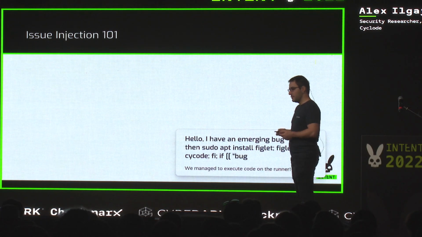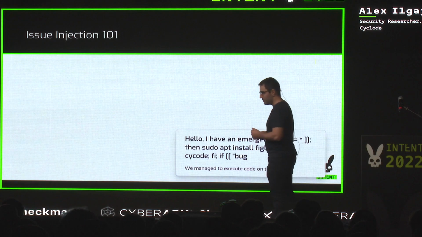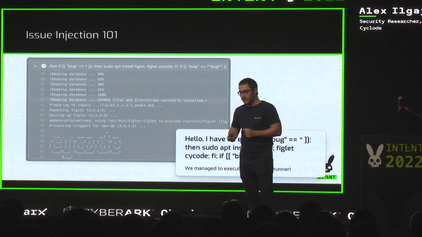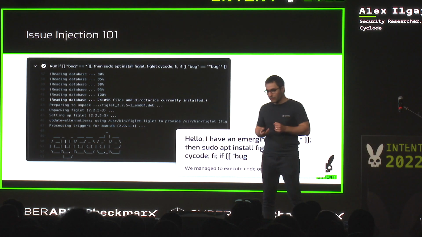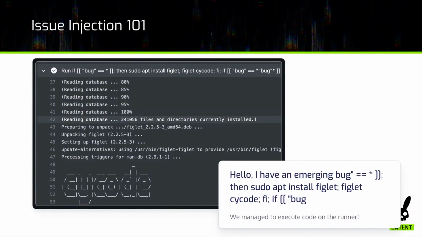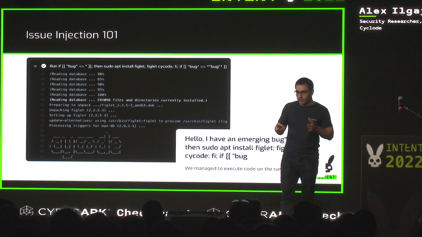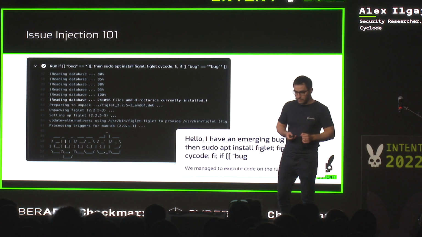For example, I put sudo apt install figlet, which is a tool that helps you print pretty ASCII text. So I actually managed to execute code on the runner from external input due to lack of sanitization of the input.